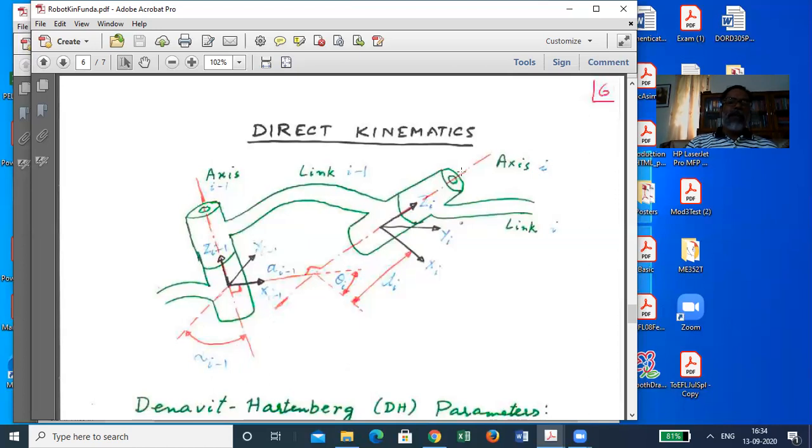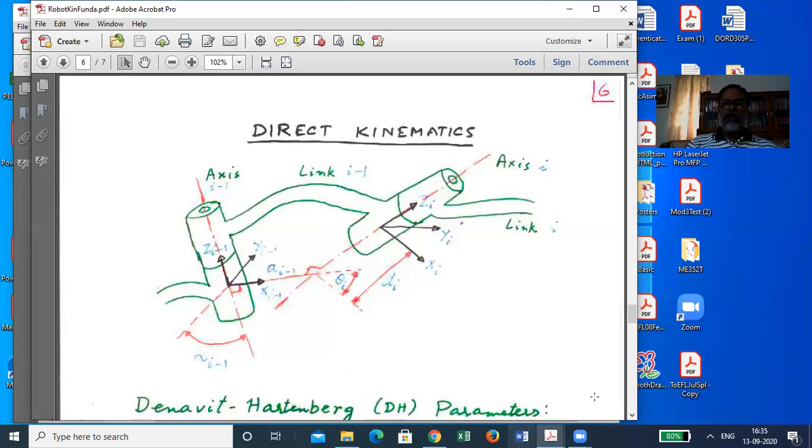For that, draw a line parallel to this z-axis through this point, and whatever angle that line makes with this axis is one parameter, alpha. We call it alpha i minus 1. Next one will be alpha i and so on. So you start the whole thing with alpha 0.